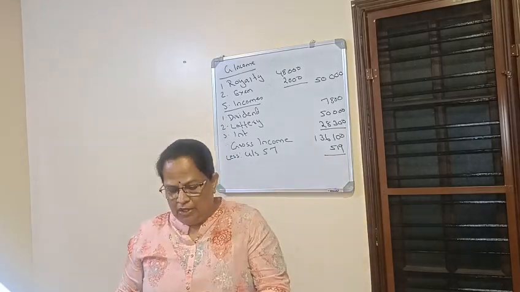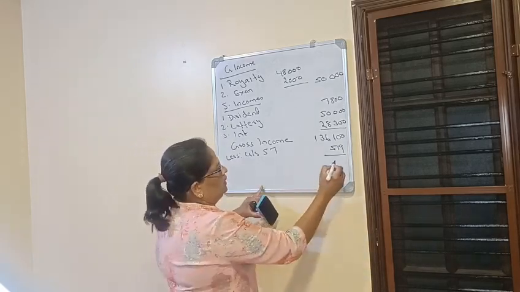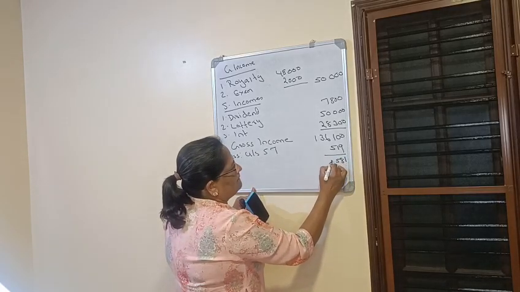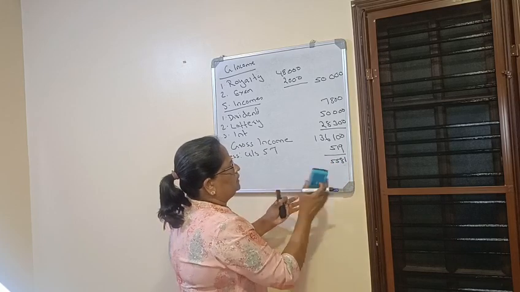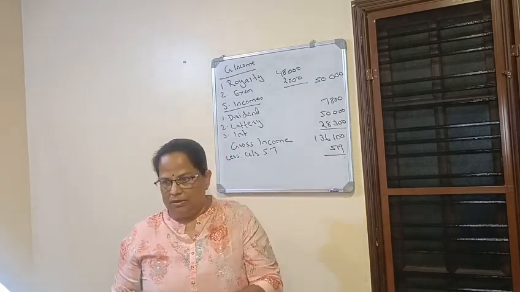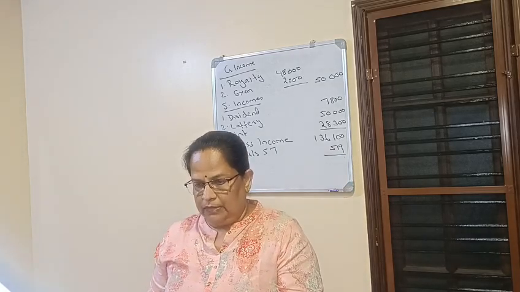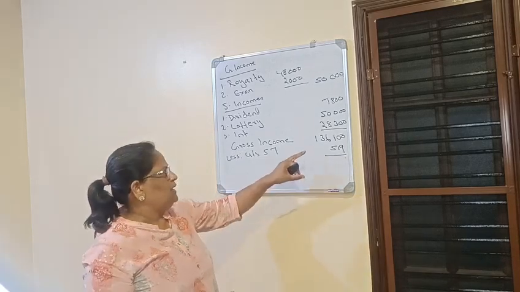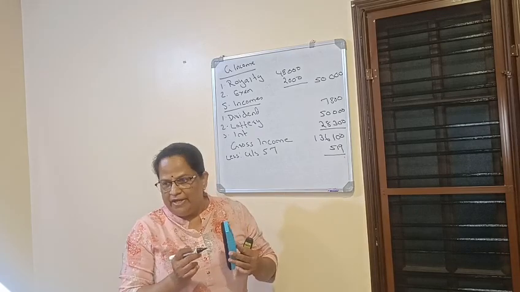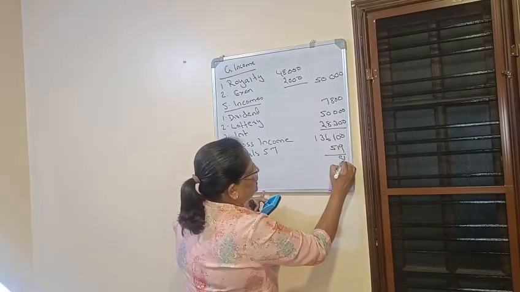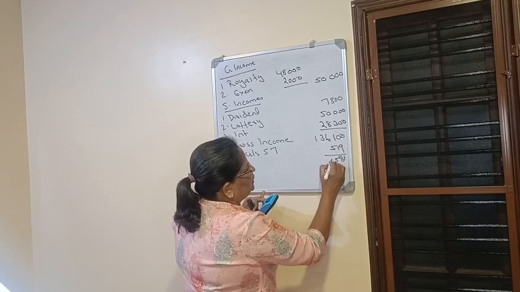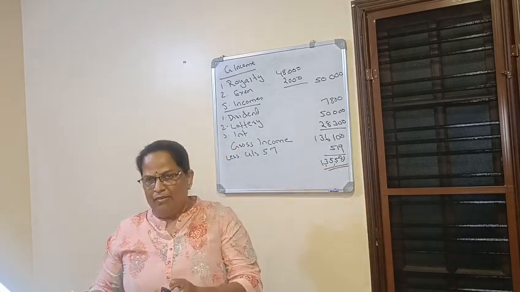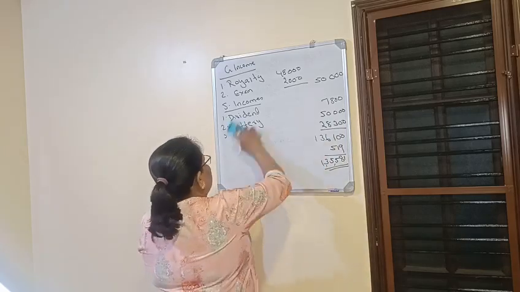So when you reduce this, 1,36,100 minus 519, you get 1,35,581. That is income from other sources. We will do the next problem.